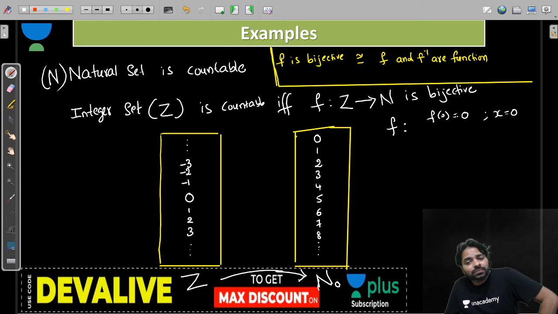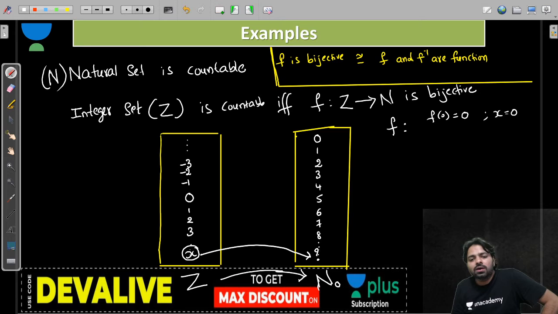I am trying to find out what f of x is. If x is 0, then f of 0 is equal to 0.